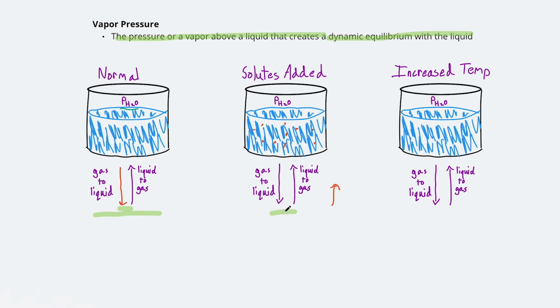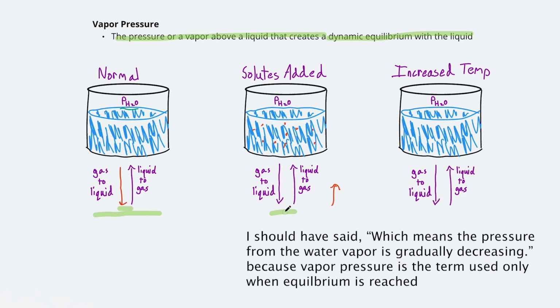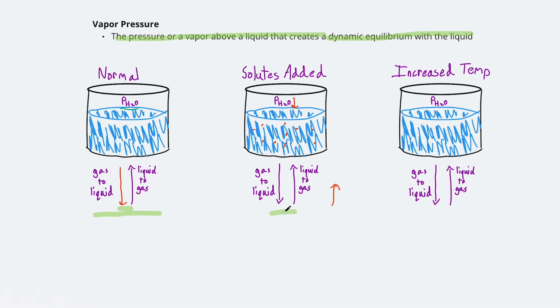So now we have more gas turning into liquid than we have liquid turning into gas, which means the vapor pressure is gradually decreasing because we have fewer gas particles over time. And that means the rate of gas to liquid is also decreasing over time. So gradually, the rate of gas to liquid is going to lower until these two rates are equal.